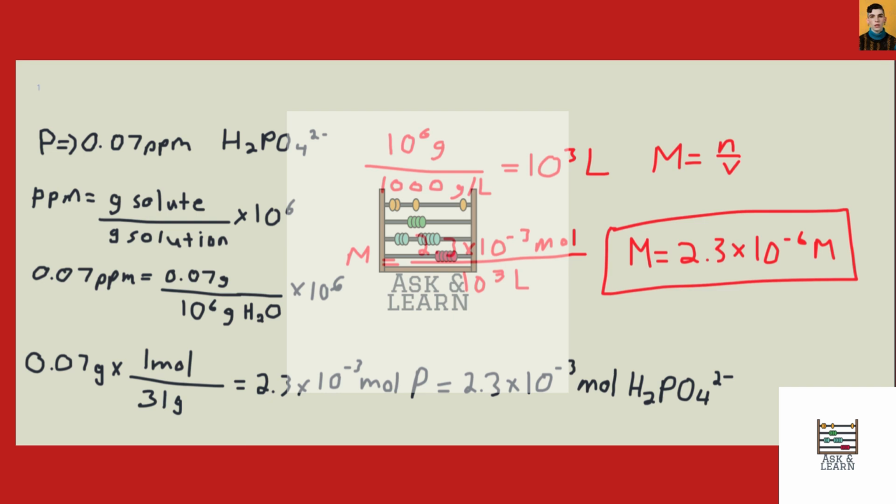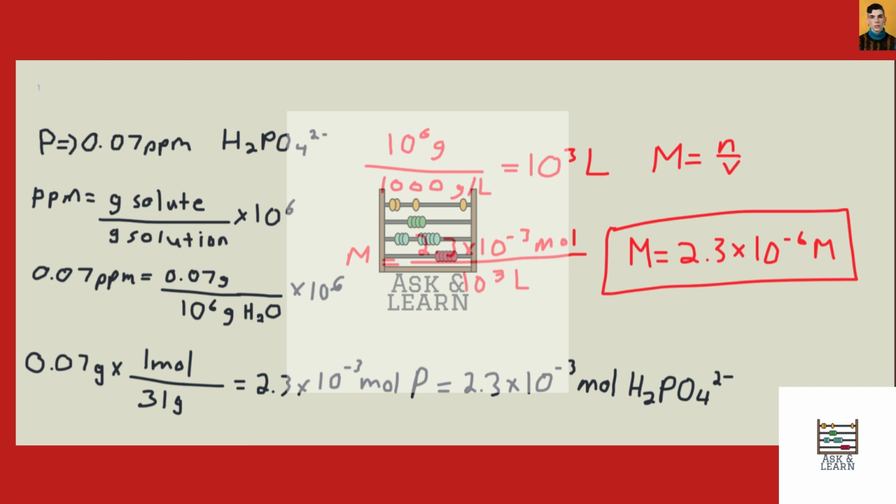So remember, the key to answering this question is we don't need to get any specific value for our water. It can be an arbitrary value that we assign. I just chose 10 to the 6 because it's a lot easier. Then we convert our mass into moles, and we look at the molar ratio.